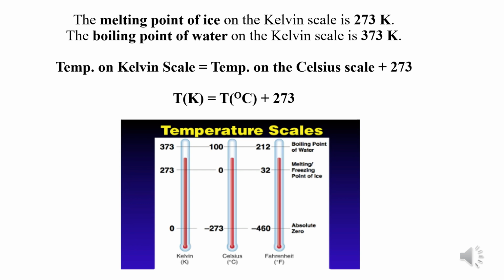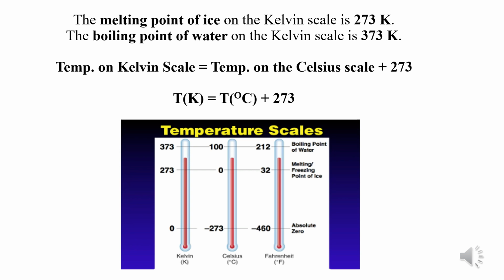So I repeat, to convert a temperature on Celsius scale to the Kelvin scale, you have to add 273 to the Celsius temperature. But if you are converting a temperature on Kelvin scale to the Celsius scale, then you have to subtract 273 from the Kelvin temperature.